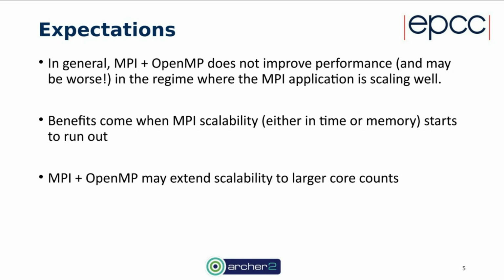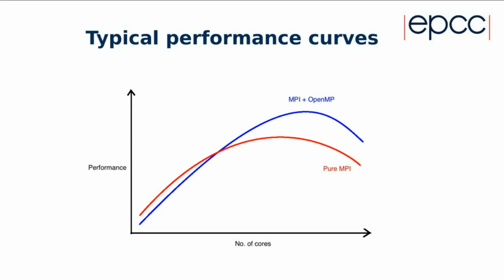The benefits tend to come when the MPI scalability, either in execution time or in memory, starts to run out. And it's maybe possible that the hybrid code can extend the scalability to larger core counts. So the best you can really hope for is a performance curve that looks something like this.